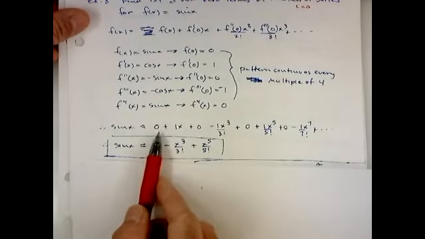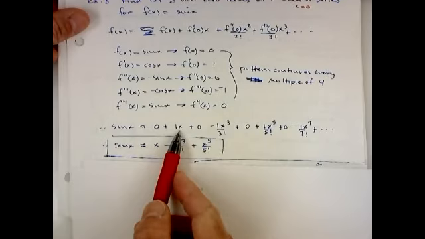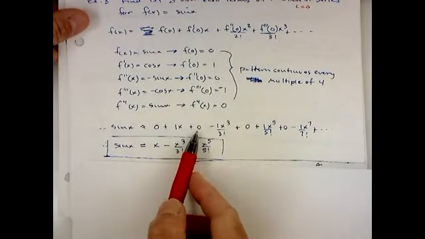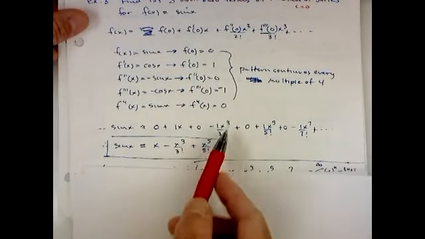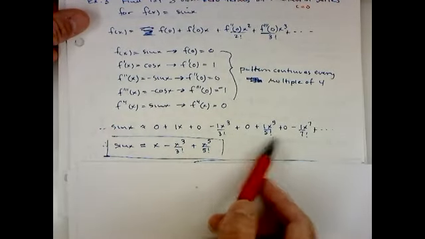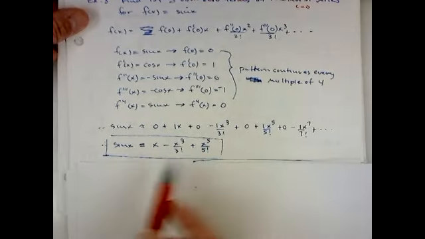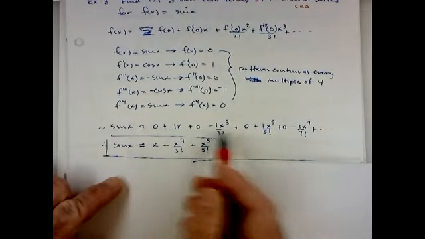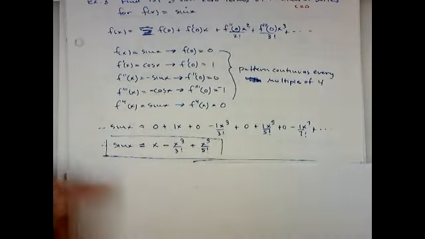Sine of x would be the first term was 0, 1x, 0, negative 1x cubed over 3 factorial, and then 0, x to the 5th over 5 factorial, and so forth. So my first three non-zero terms would end up right there.